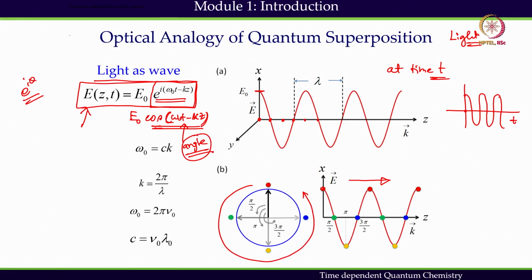For example, here we are starting from this point, and when we reach here, we make a linear advancement, but the angular advancement is pi by 2. From here to here, in this linear scale, we make another angular advancement, which is pi, and when we come from this point to this point, we make 3 pi by 2 angular advancement.